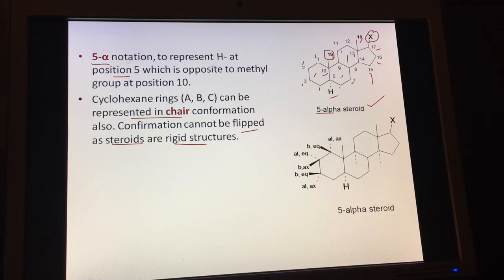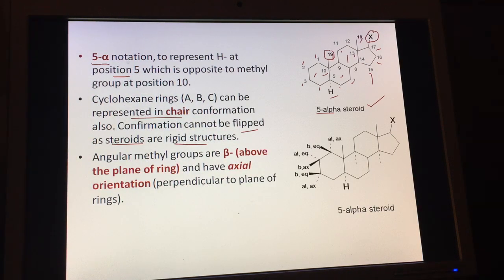Now point number 3, that angular methyl groups are beta and have an axial orientation. These methyl groups at carbon number 10 and position number 13 are beta. Beta means, as we have discussed, above the plane of this steroidal structure, and alpha means below the plane of the steroidal structure.